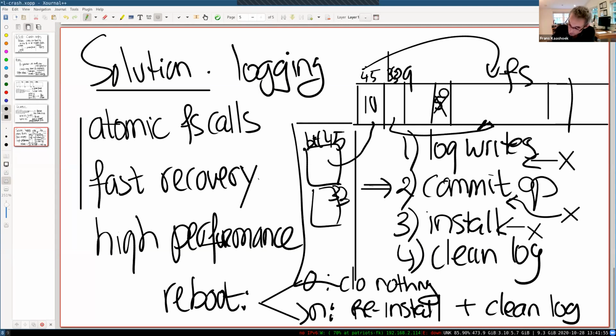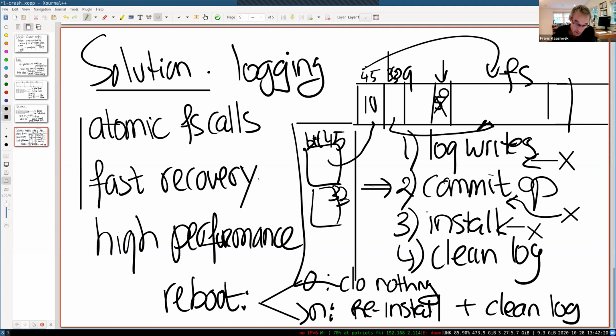The commit operation itself is an interesting question. The way I indicated this on this slide, the commit operation writes a single block, a single sector on the disk. The standard assumption that file systems make is that a single sector write is an atomic operation, meaning that the whole sector will be written or none of it will be written.